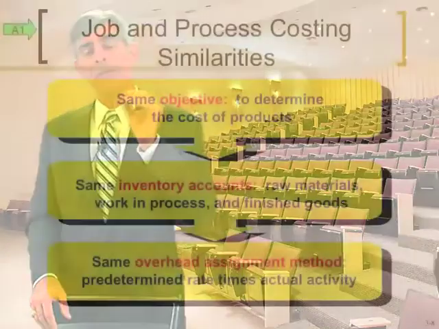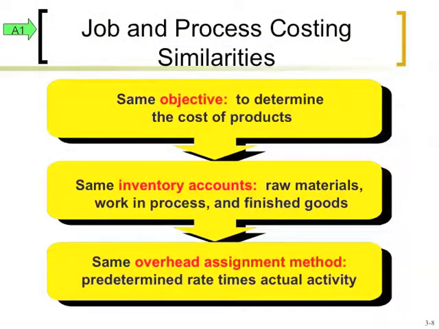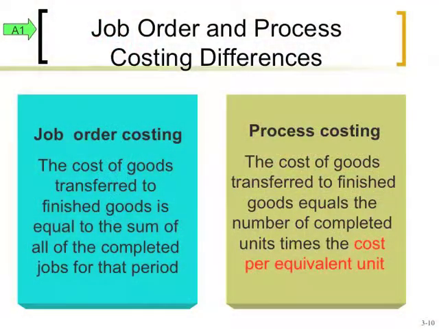So if we look at slide 8, both systems, even though they're different, have one goal in mind, and that goal is to determine accurately our product cost so that we can then set our prices to ensure the long-term profitability of our company.